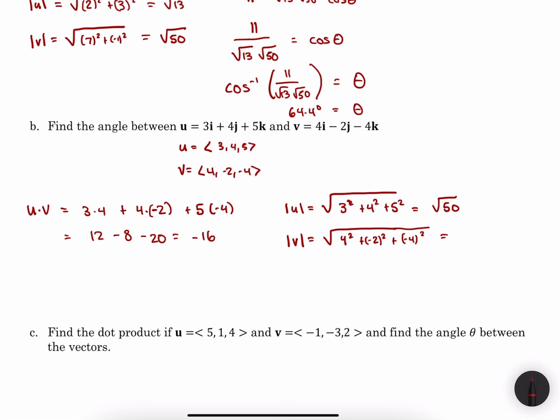So that's 16 plus 16 plus 4, which is the square root of 36, which is 6. So what we know is theta is going to be cosine inverse of -16 divided by the square root of 50 times 6.